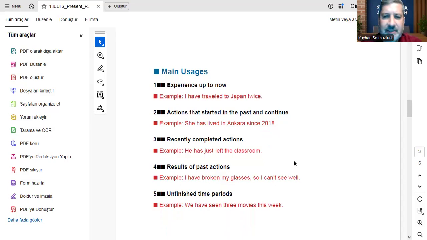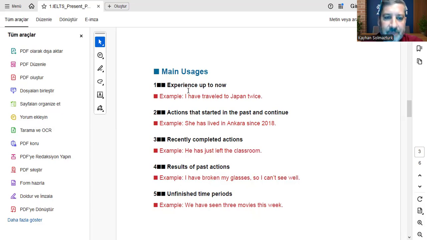So let's see the main usages. Of course, first of all, I just want to give you the usage and an exemplary sentence about the usage.